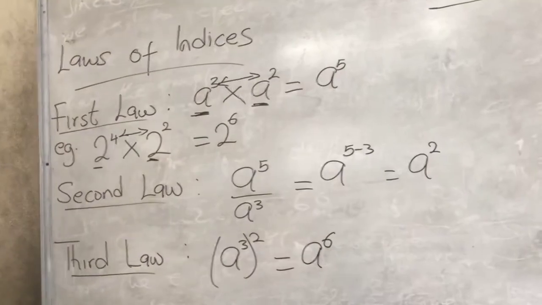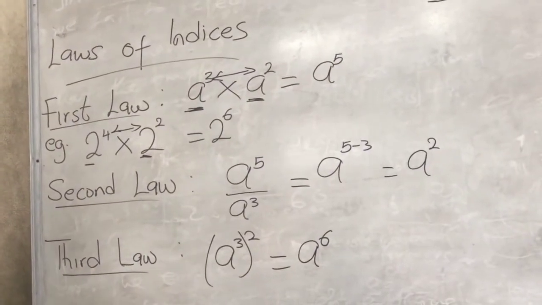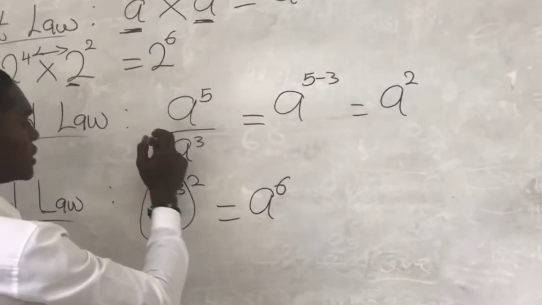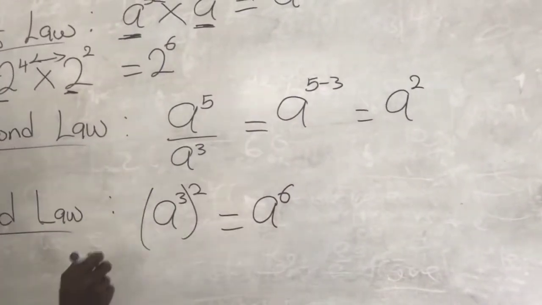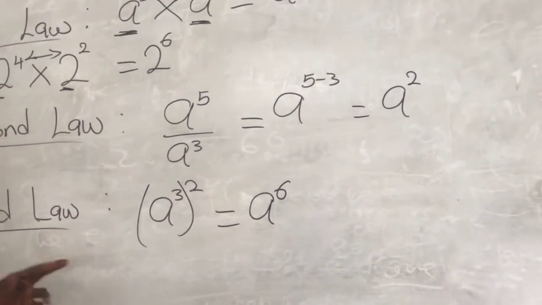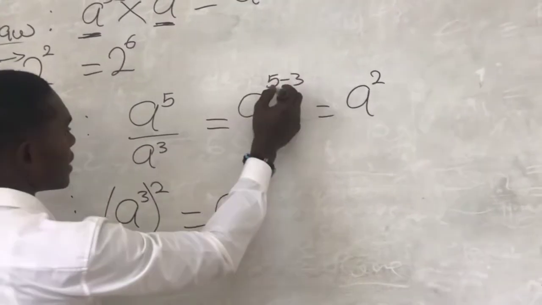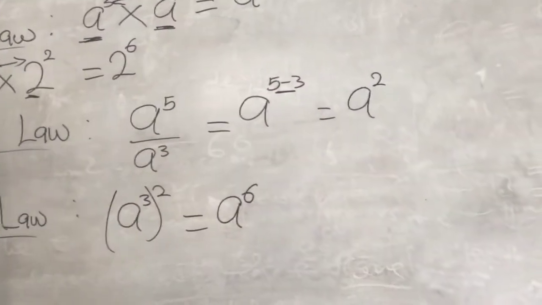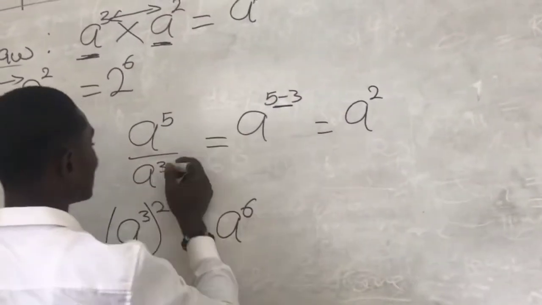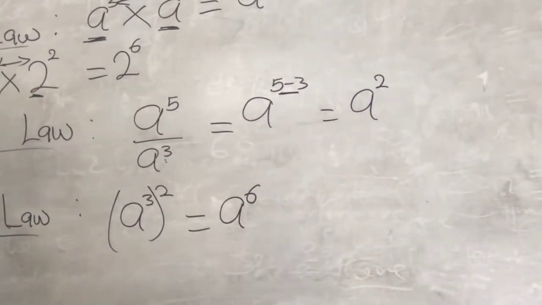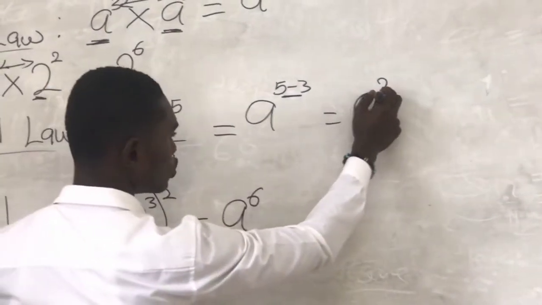Let's move on to the second law. The second law says that A index 5 divided by A index 3, which means when we are dealing with the same bases and it's divided, we should subtract the exponents. We subtract the denominator exponent from the numerator exponent, and we get 2 here.